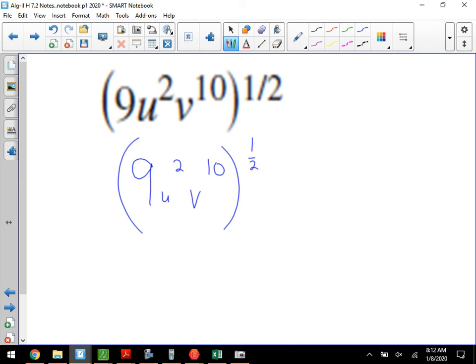This is a power-to-power problem that goes within a monomial. So that means each individual piece has to be raised to the 1/2 power. What's 9 to the 1/2? 3. What's u squared to the 1/2? What's v to the 10th to the 1/2?